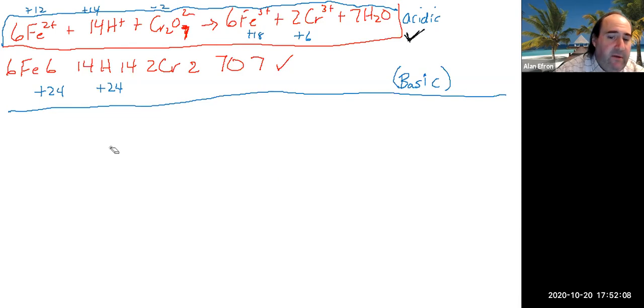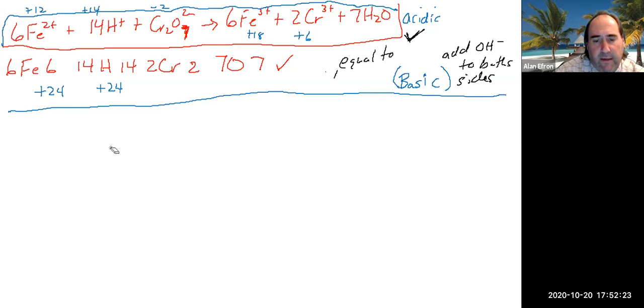And then you need to add OH minus to both sides if it's basic condition. The amount of OH minus that you add is equal to the number of H pluses there are. So once you balance your equation in acidic conditions, however many H pluses there are on one side, that's how much OH minus you would add to both sides.